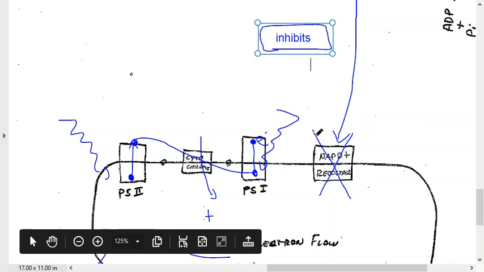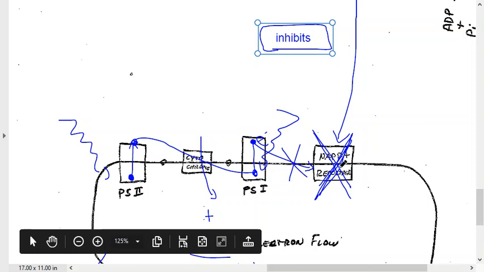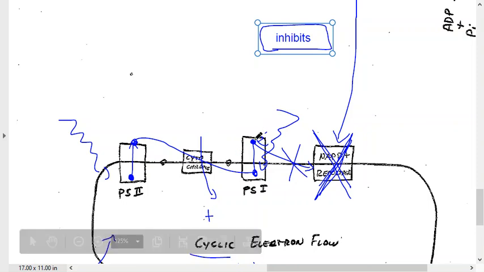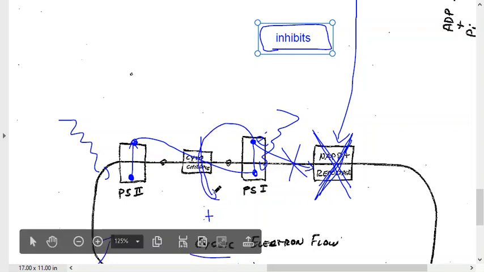So when you've made a lot of that, it turns off this reductase, which means this electron can't get past to reductase. Reductase is out of business, right? So where is the only place this electron can go? It has to go backwards through cytochrome, pump another proton in, and get cycled.